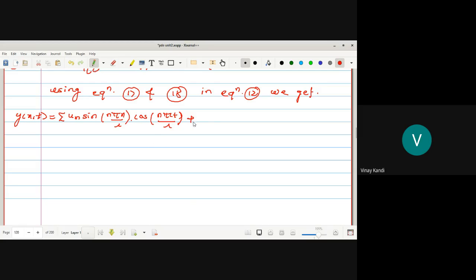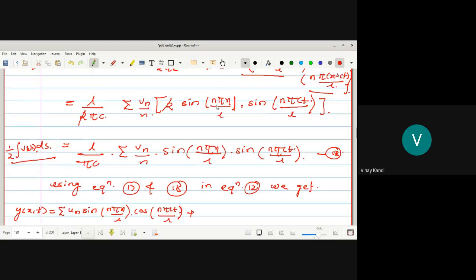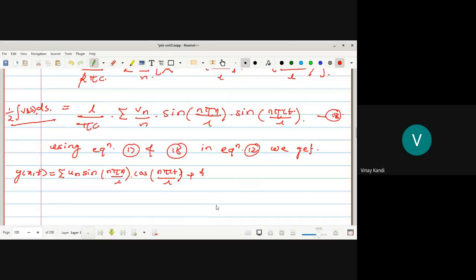Okay, plus value of integration हा काय येईल L upon pi c. Okay, summation n running from 1 to infinity Vn upon n into sin of n pi x upon L into sin of n pi ct upon L. Okay, this is the equation number 19, which is required result.